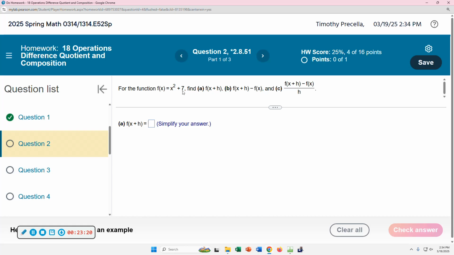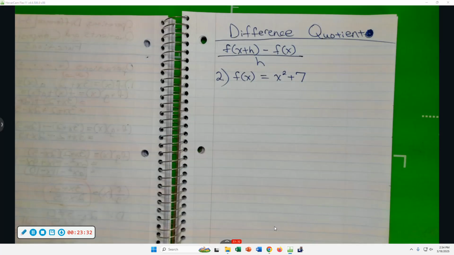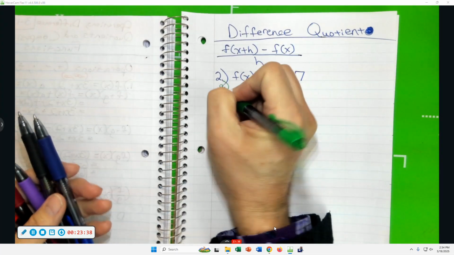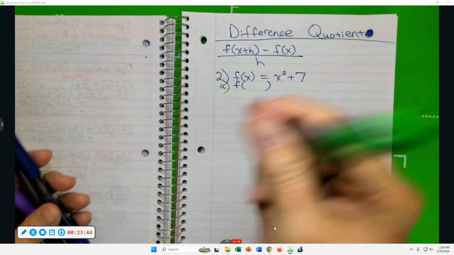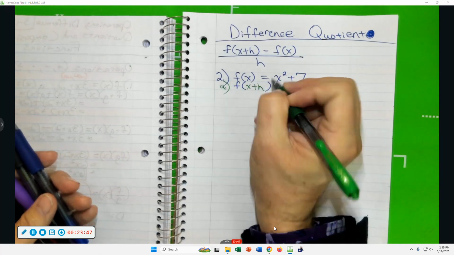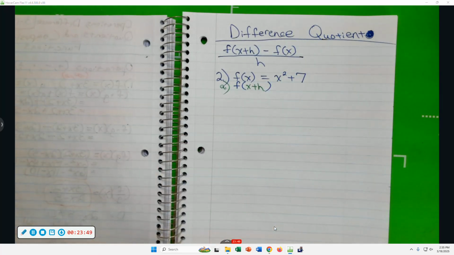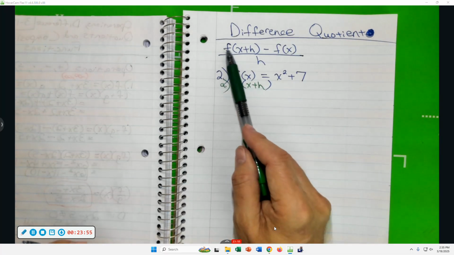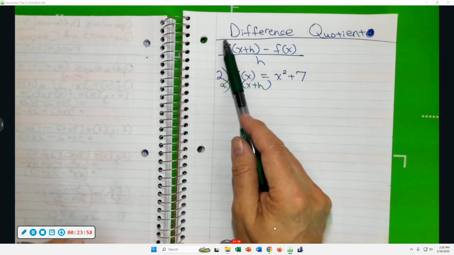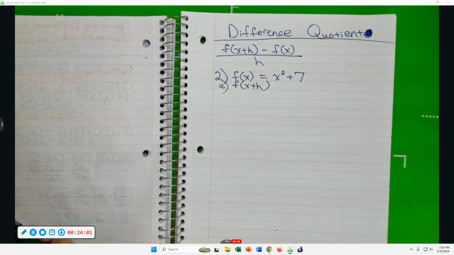Part A, they want us to find f of x plus h. They're stepping you through this big messy fraction. The first thing they want you to do is find this little portion in the numerator, f of x plus h.